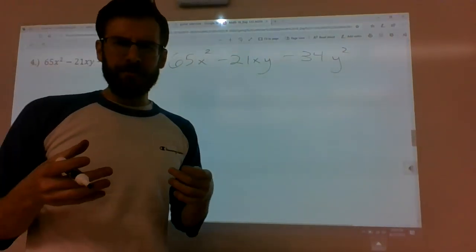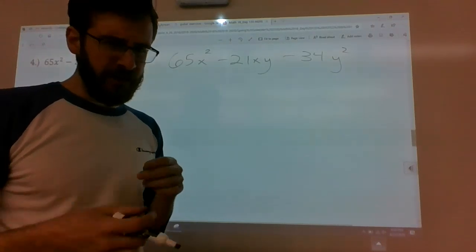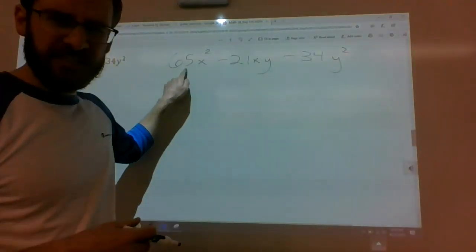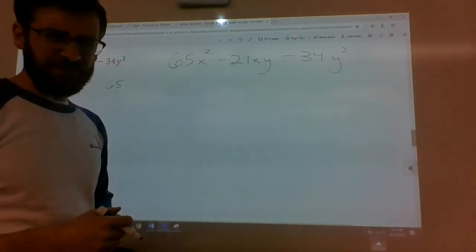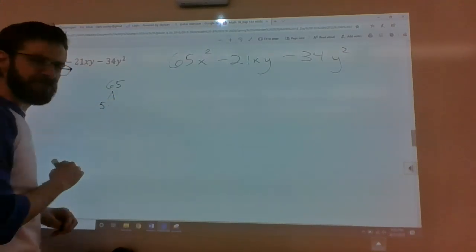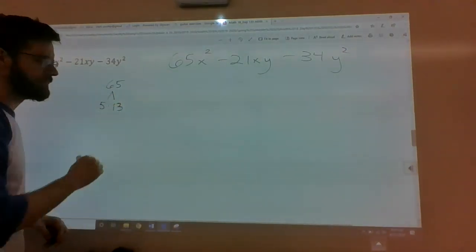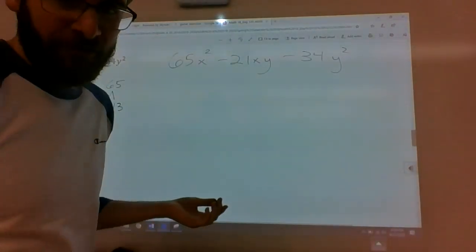All right, these numbers can be kind of awkward, so I might just do the factor tree to do some investigating. So 65 divides 5 and 13. So those are both prime numbers. It doesn't break down any further than that.